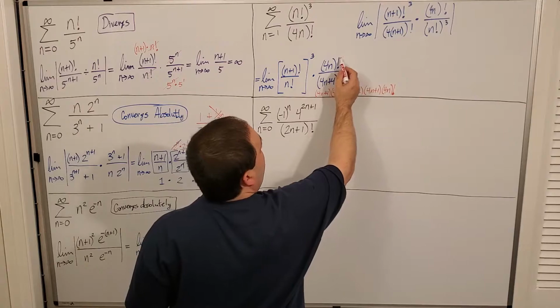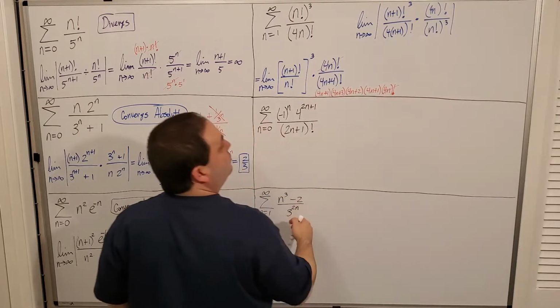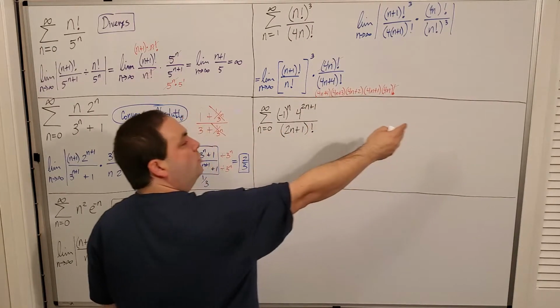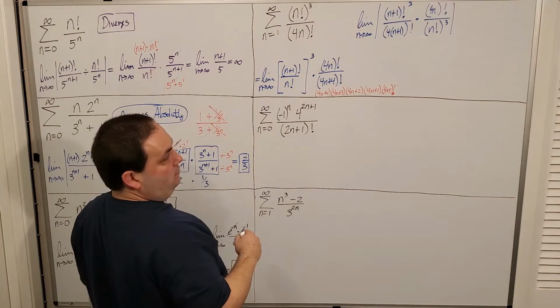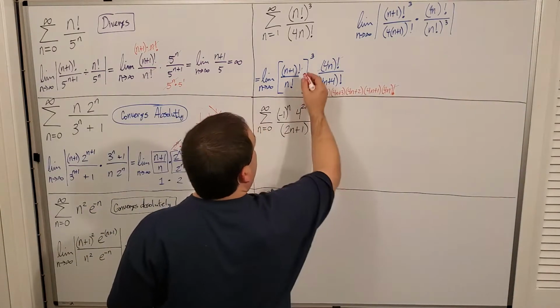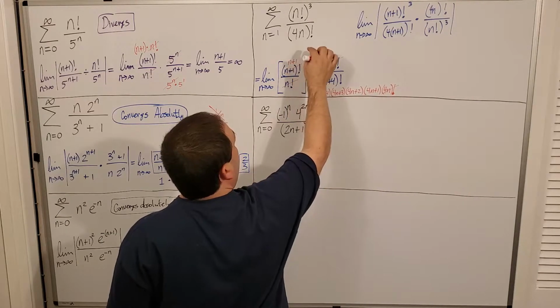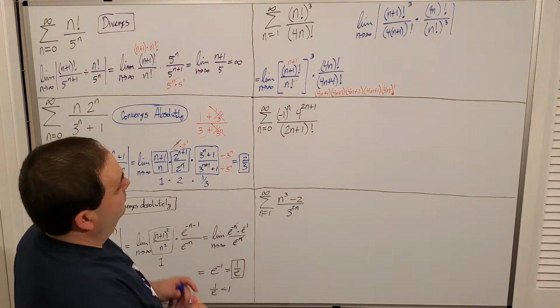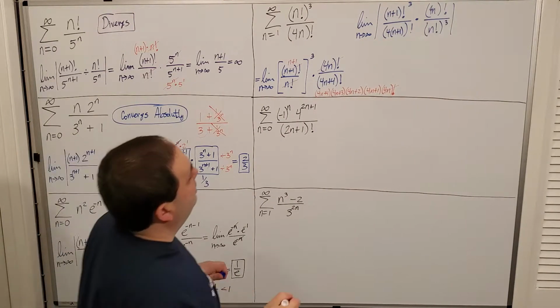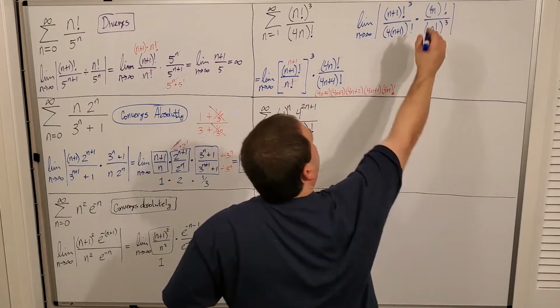So notice I can wipe out the 4n factorial with this 4n factorial, but I still have the 4 terms that were higher than 4n. And then this is going to reduce to just give me n plus 1 cubed. So now let's see what we've got here.